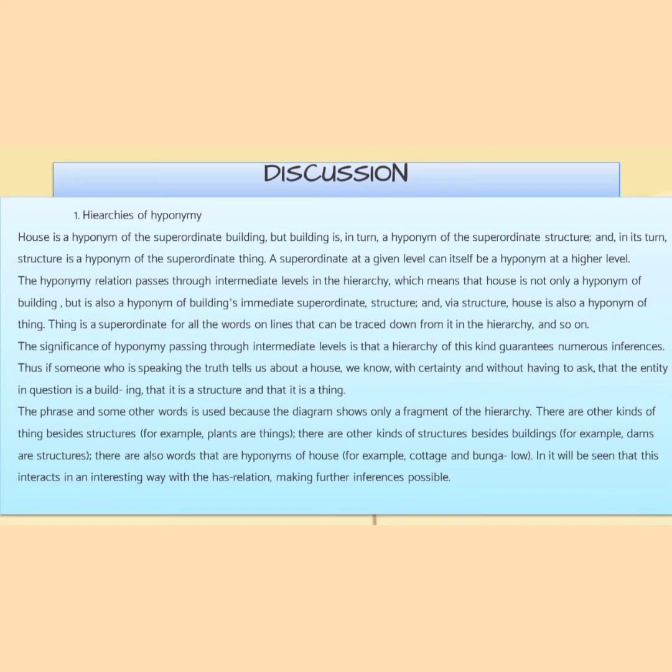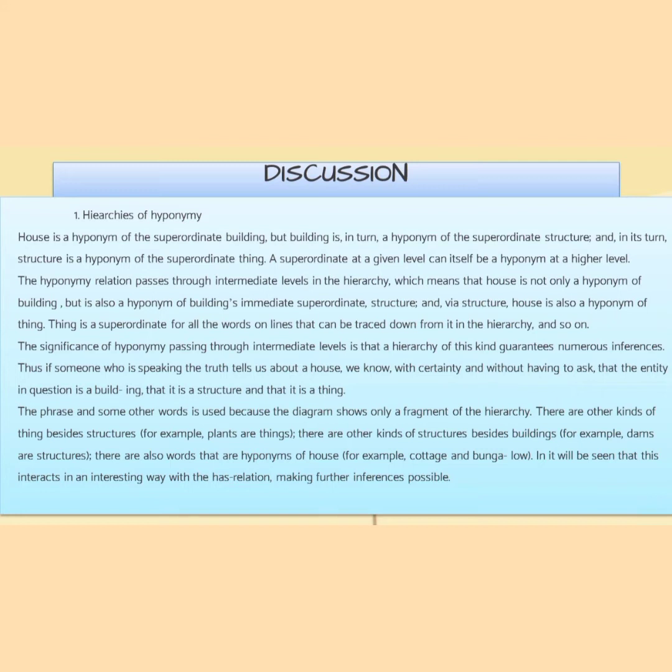The hyponymy relation passes to the intermediate levels in the hierarchy, which means that house is not only a hyponym of building, but is also a hyponym of the intermediate superordinate structure, and via structure, house is also a hyponym of thing.